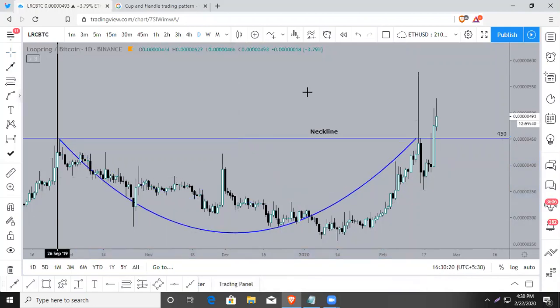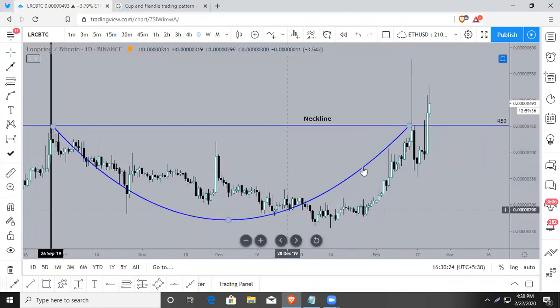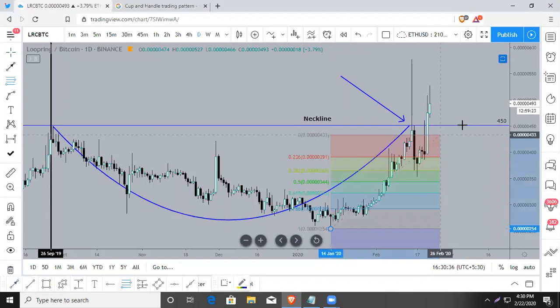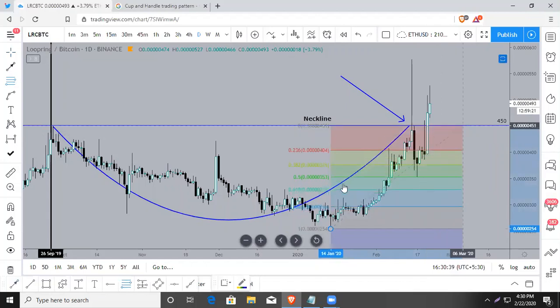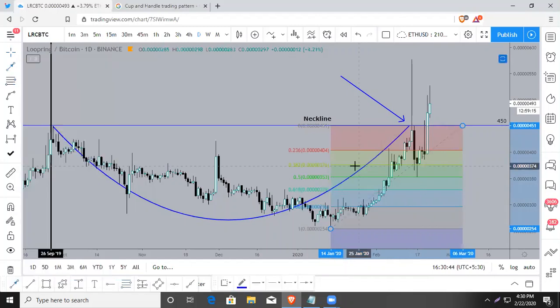So the very first entry, that is an aggressive entry, when you see the volume is constant and the cup is formed at this point. When you see this chart, what you can do, you can place a limit order, okay? You can use the Fibonacci tool from the very bottom to the neckline, and at the 50% area, you can place your entry and wait for price to appear here.